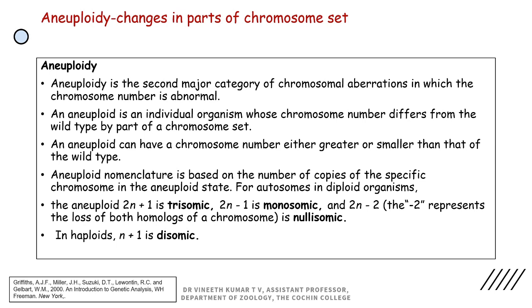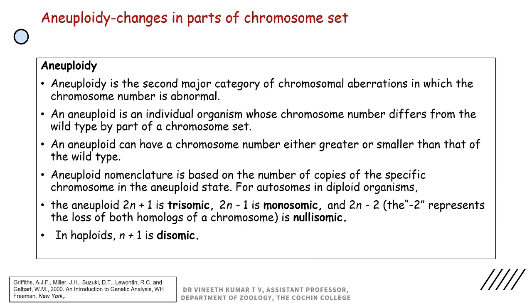The normal human chromosome number is 46, and that can change either to 47 or to 45 or lesser or greater. Whatever it is, if the number changes rather than the entire set, that is called aneuploidy.